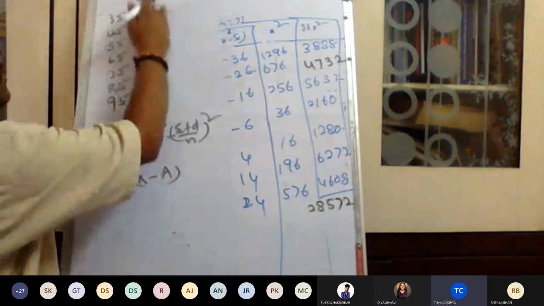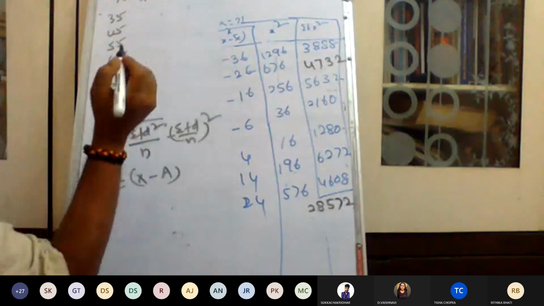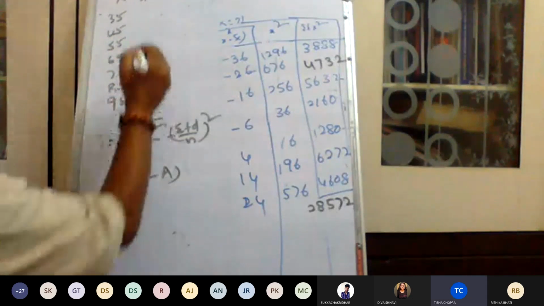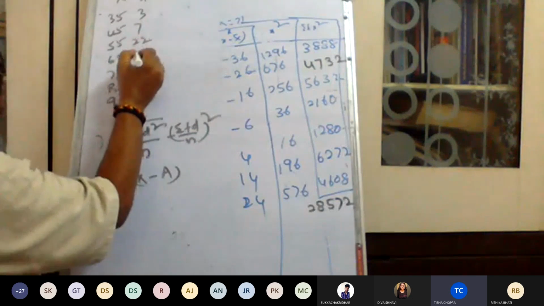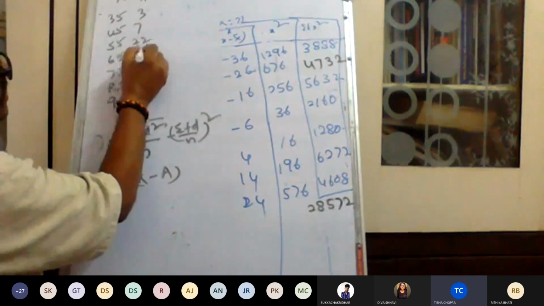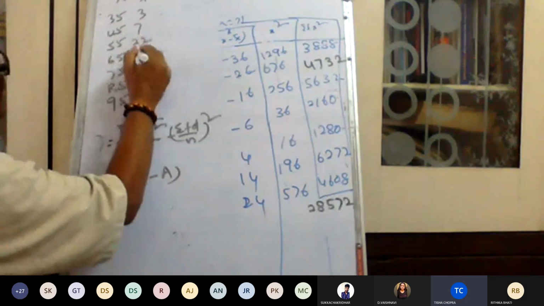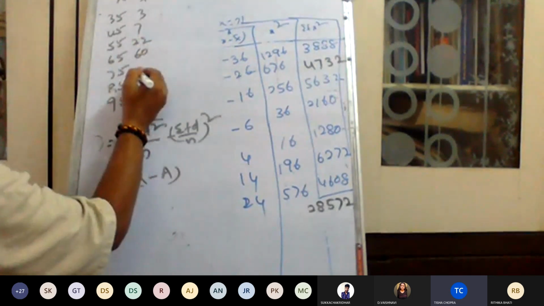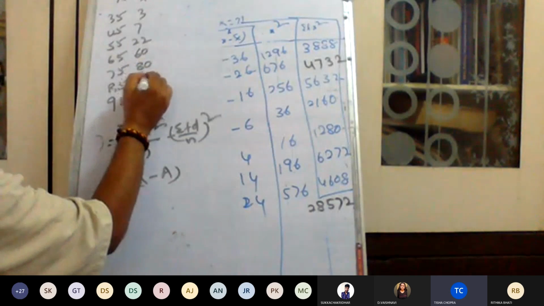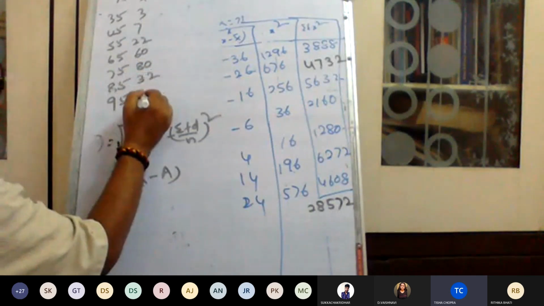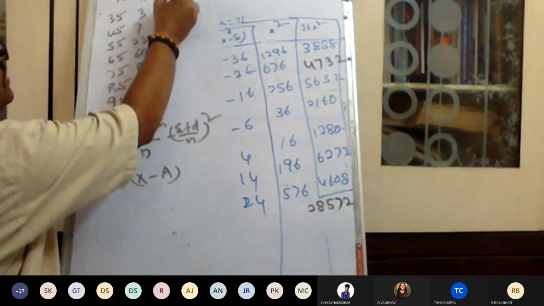From this, x and f are given. The f values are 3, 7, 22, 60, 60, 80, 32, and 8. So d is equal to x minus a.